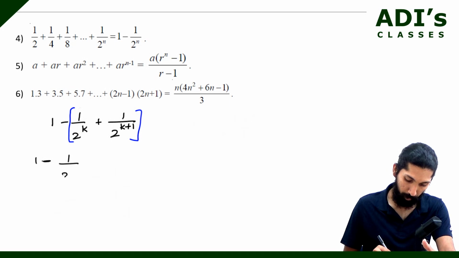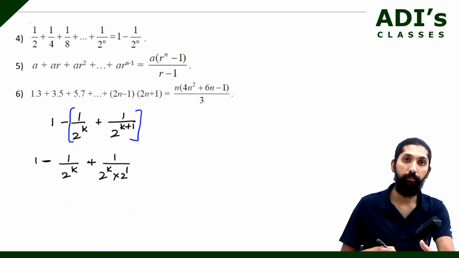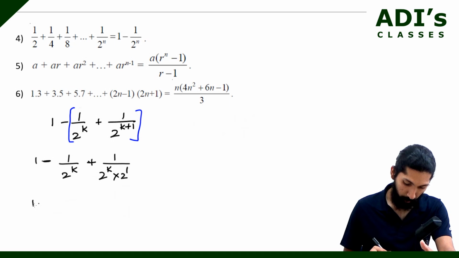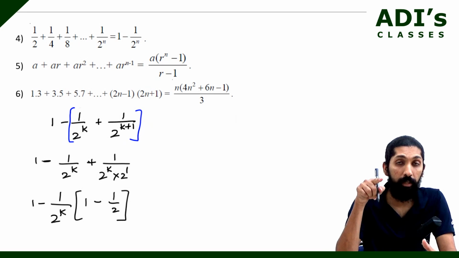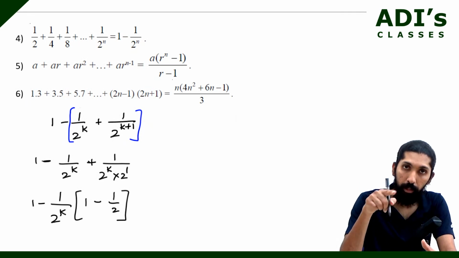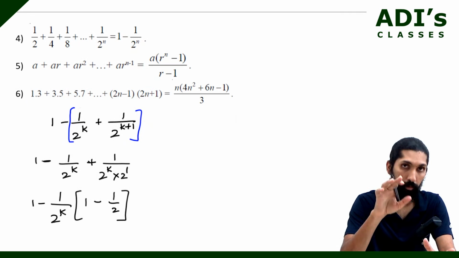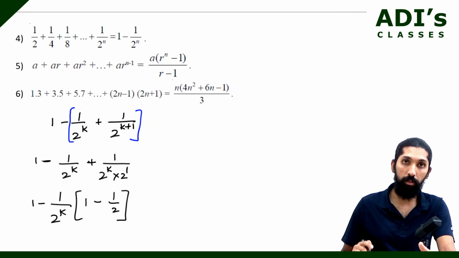So we'll get 1 minus 1 by 2 power k. See, remember, plus 1 by 2 power k into 2 power 1. Now what you do, take 1 minus 1 by 2 power k into 1 minus 1 by 2. Remember, we are taking minus 1 by 2 power k as common. Okay. So you got this.